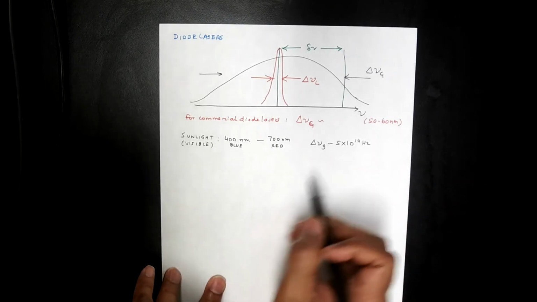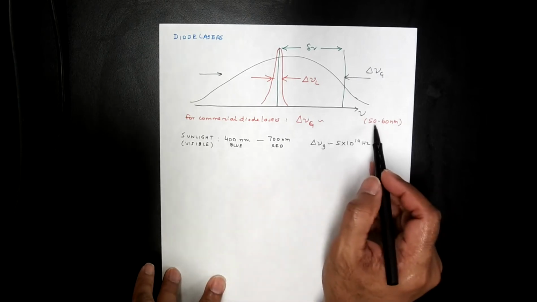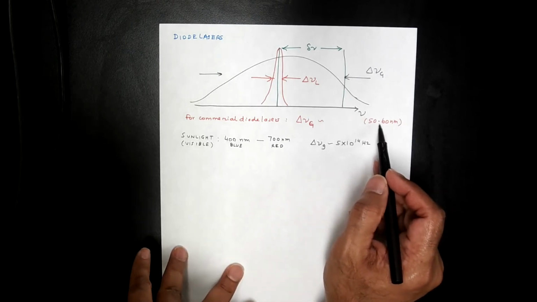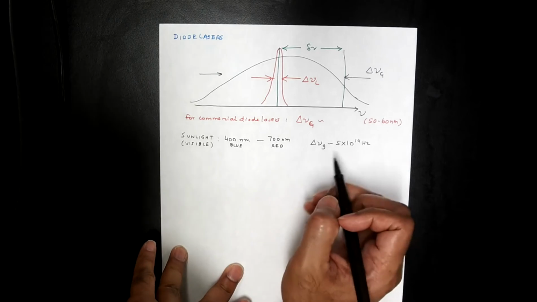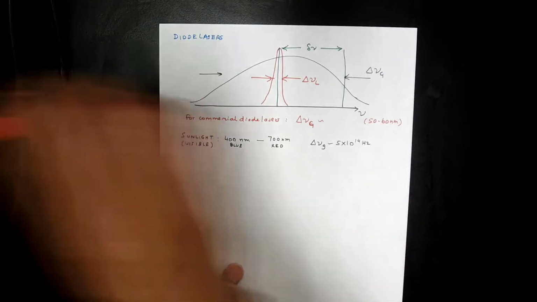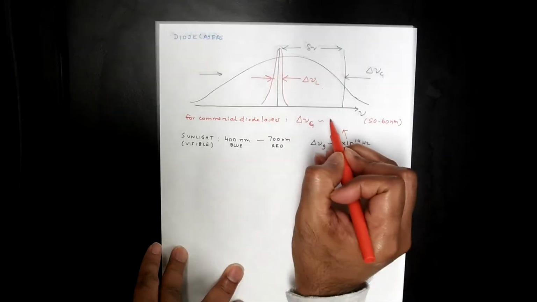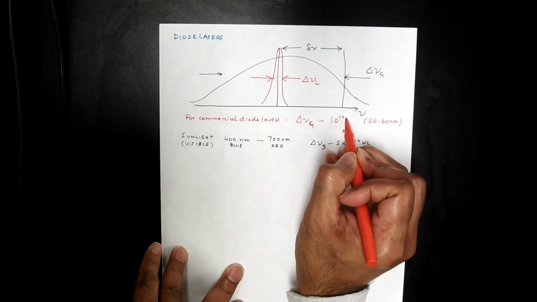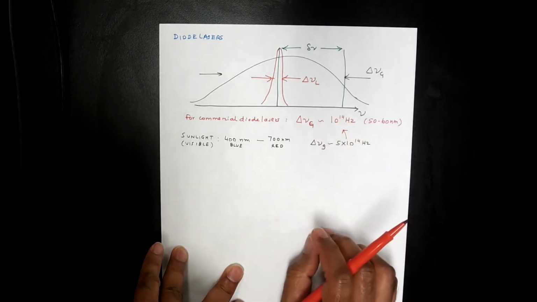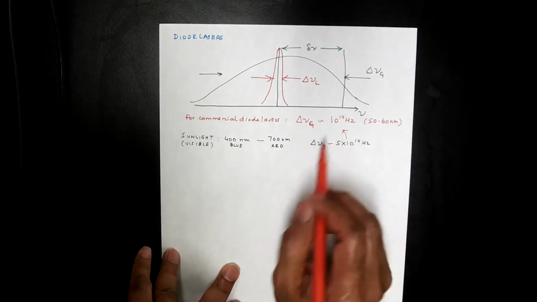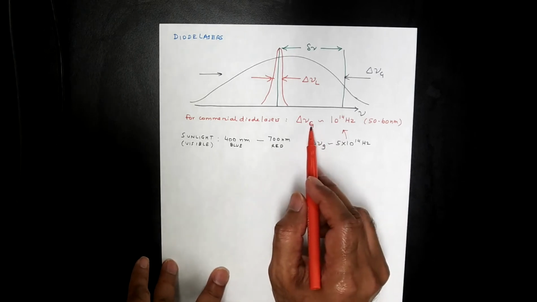So that's 300, and 60 nanometers is about a fifth of that. So I'm going to estimate from here that this is about 10 to the 14 hertz for commercial diode lasers. That's the gain profile.